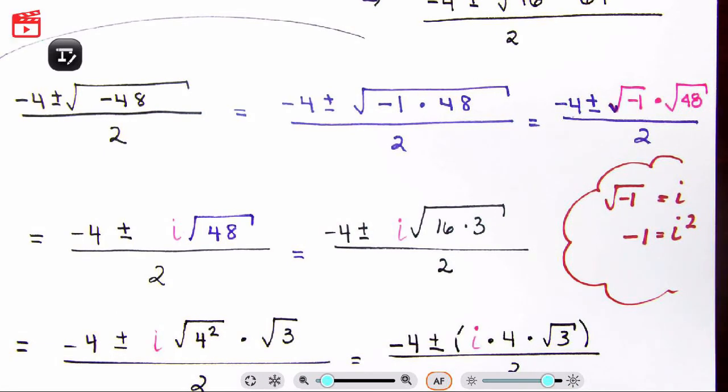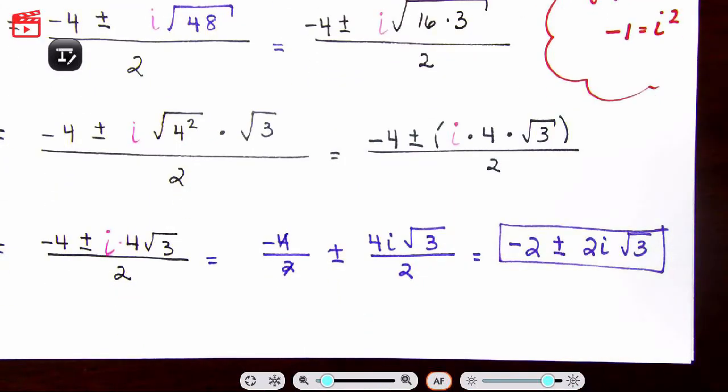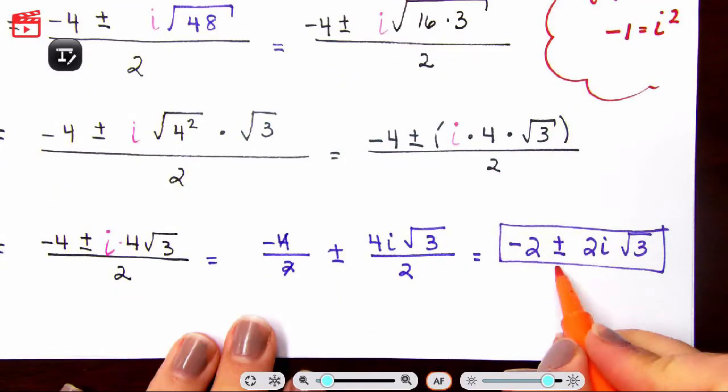All right, one last step. I'm going to split this up. I'm going to say negative 4 divided by 2 plus or minus 4i root 3 divided by 2. And lastly, we're going to simplify that. So I have as my final answer negative 2 plus or minus 2i root 3. Now this right here is in fact 2 roots.